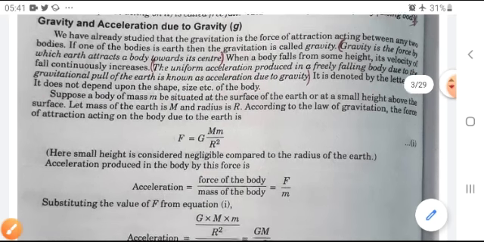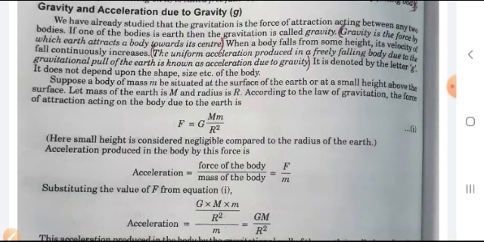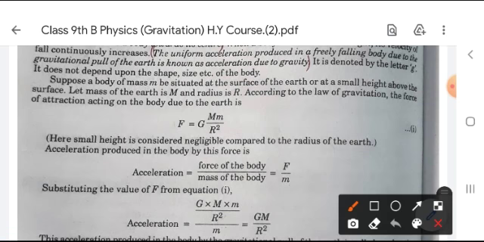Suppose a body of mass small m is situated at the surface of the Earth or at a small height above the surface. Let the mass of the Earth be capital M and its radius r. Then, according to the law of gravitation, the force of attraction acting on the body due to the Earth is F equal to G M m upon r square.